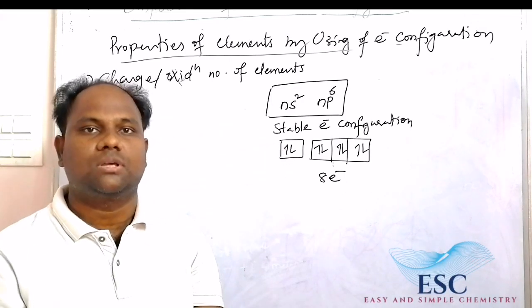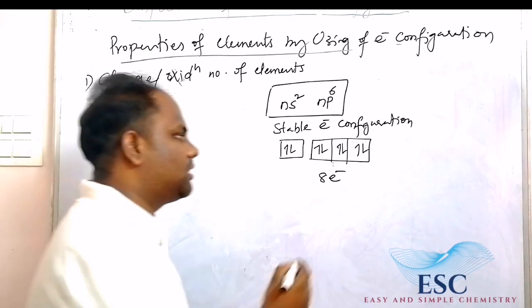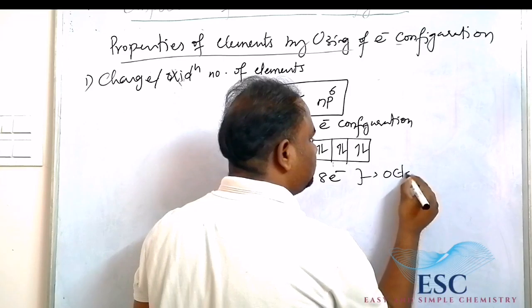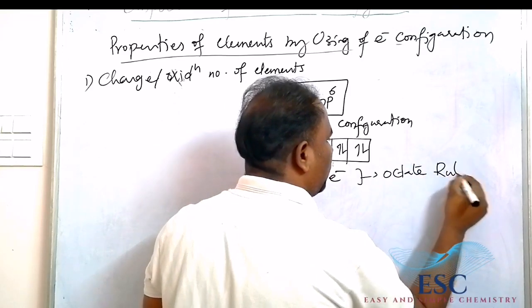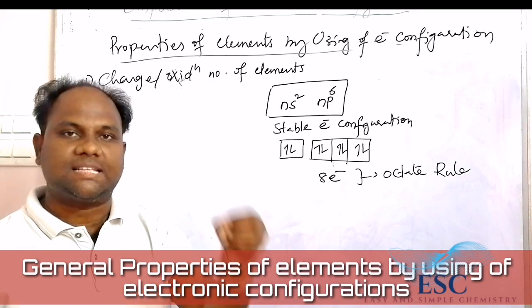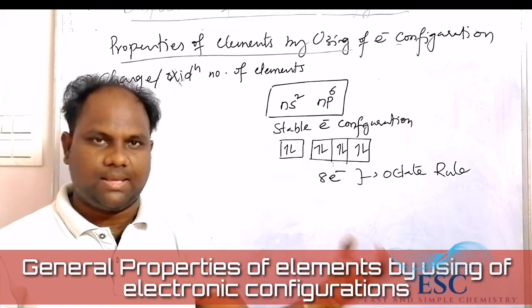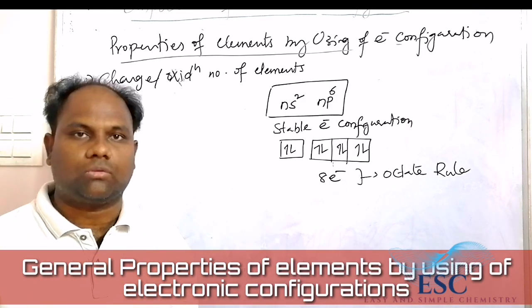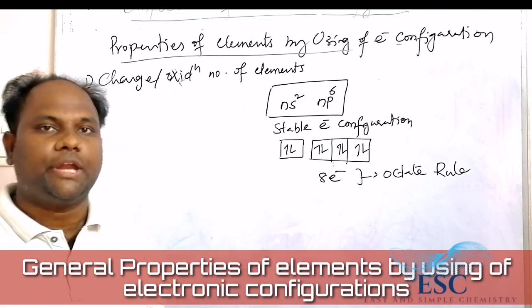That rule is also called the octet rule. What is the octet rule? 8 electrons should be present in the valency orbitals. Any element showing 8 electrons follows the octet rule.